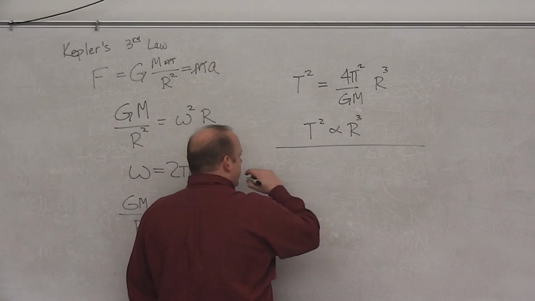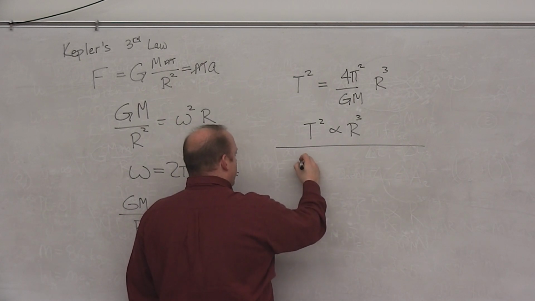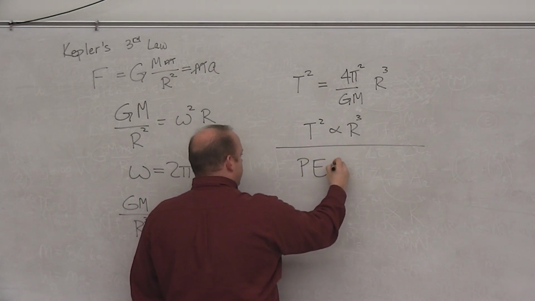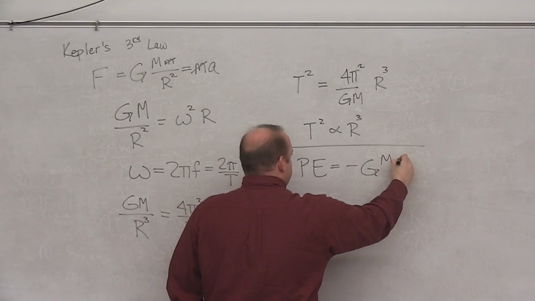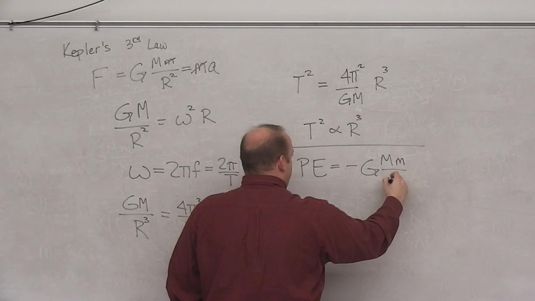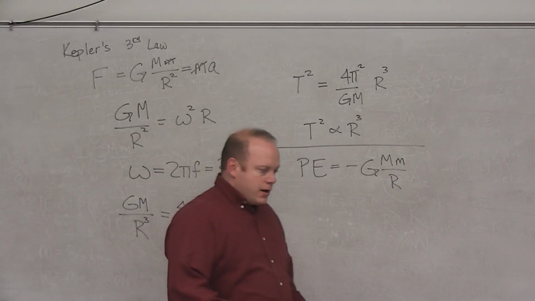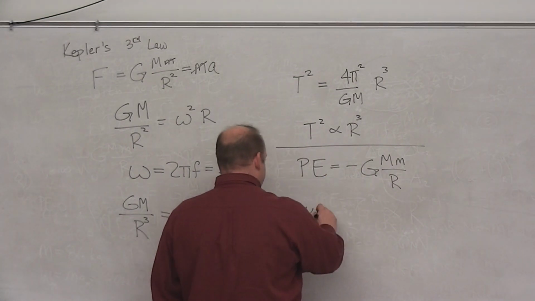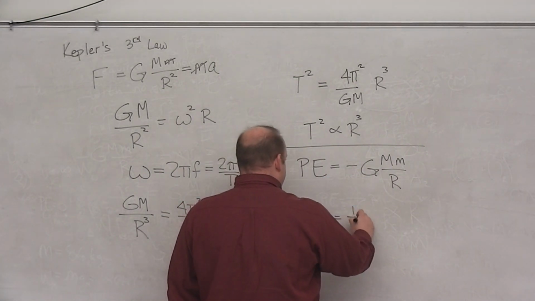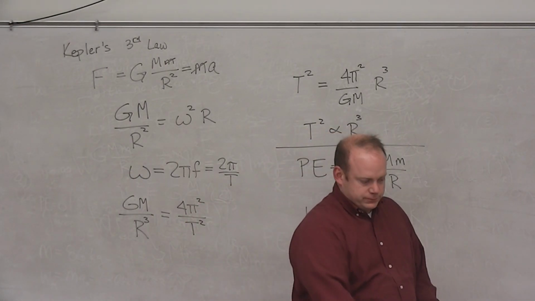All right, so now we know that the potential energy is going to equal negative big G, big M, little m, over r. Kinetic energy for any object is going to be 1/2 mv squared.